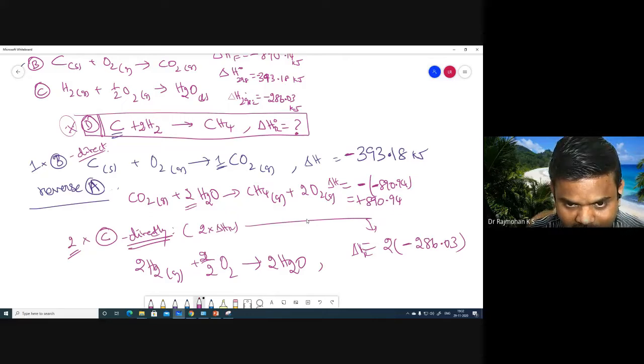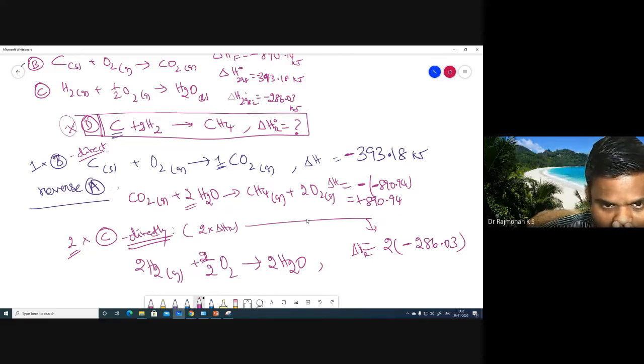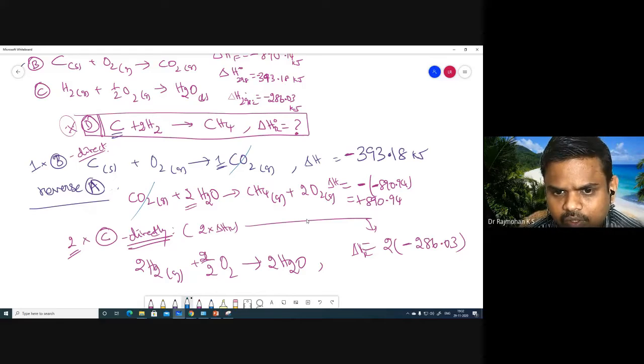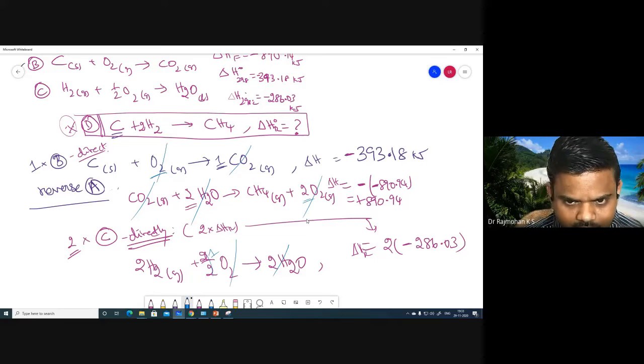Now first check whether we have written correctly. You have to cancel the things out here. So how to cancel? There is one CO2 on the right hand side and one CO2 on the left hand side. We have 2 water on the right hand side and 2 water on the left hand side, and there is one O2 plus here also 1, so 1 plus 1 is 2 O2, and here also 2 O2 is there, so oxygen also cancelled.